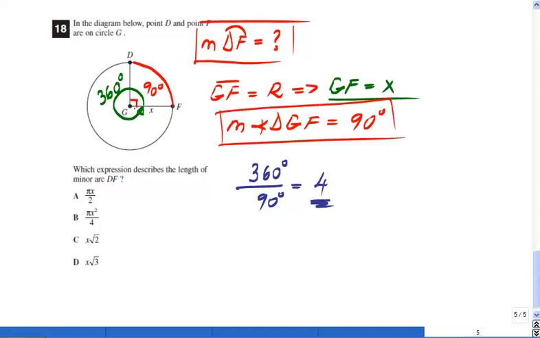So that angle that extends my DF arc here, right, is what part of the whole circle? The fourth part. So what I can see here is that this minor arc DF is actually nothing else but a fourth of my circle, right?